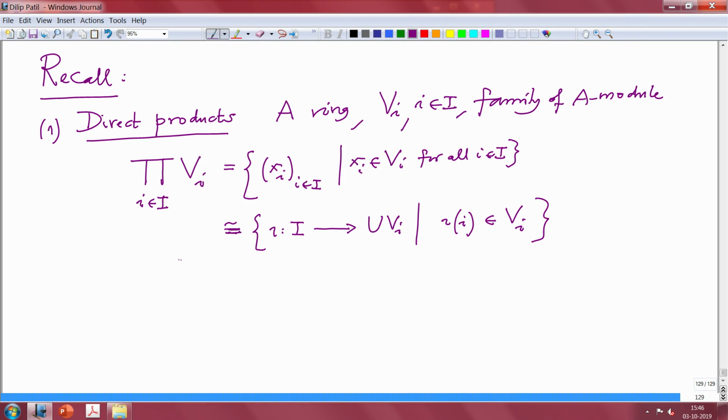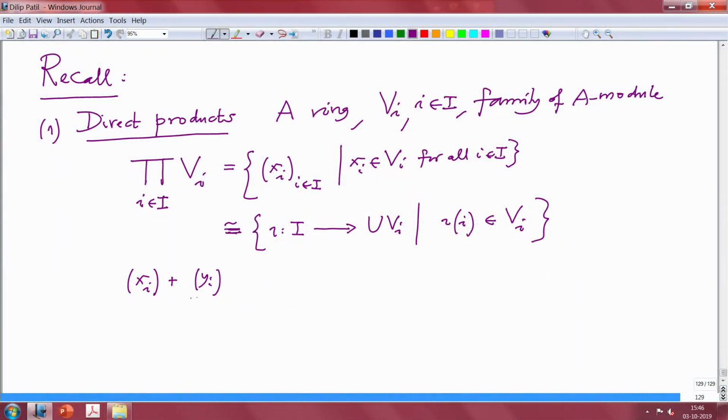So, this is one. Now how do we give a module structure on this product set? One very natural possibility is to add componentwise and scalar multiply also componentwise. That means if I have tuples xi and yi, how do I add them? Add the corresponding xi and yi, and this addition is of course in Vi, that is understood.